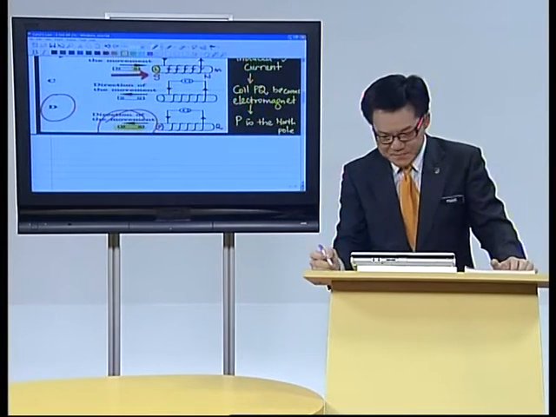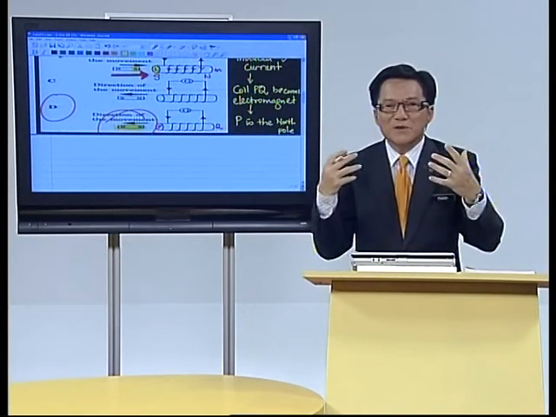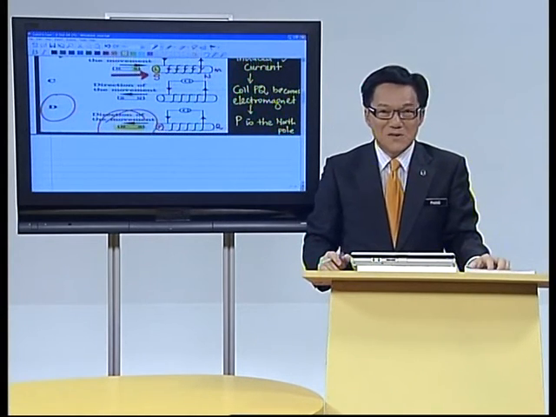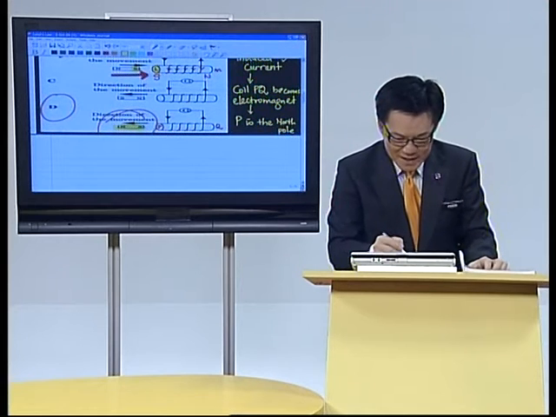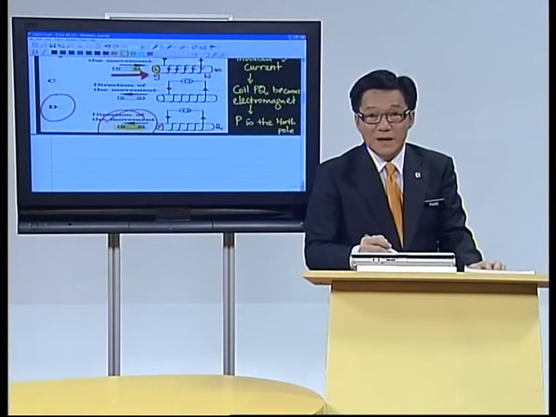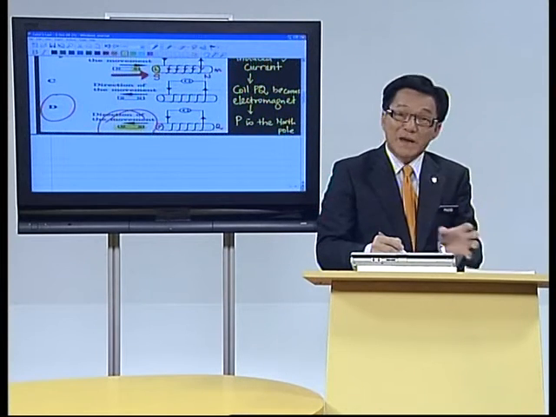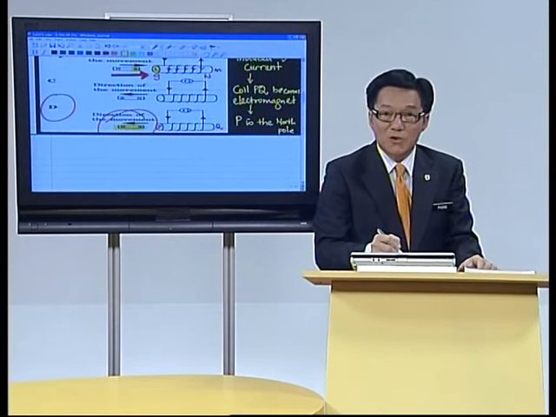Now remember, I always tell my students, Lenz's law reminds me of a love story. You know why? Because you look at case D. Case D, the magnet wants to go away. But P is the north pole, it doesn't want the magnet to go away. It has to be the north pole.